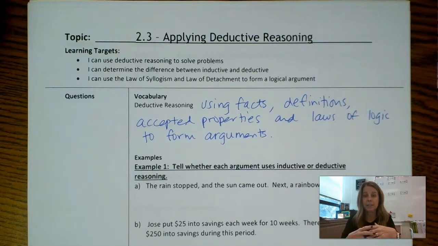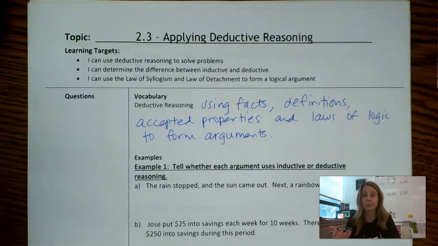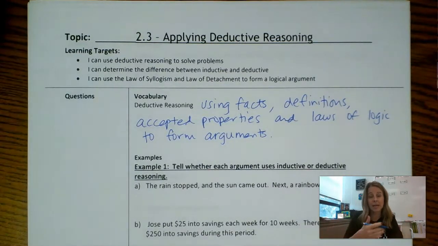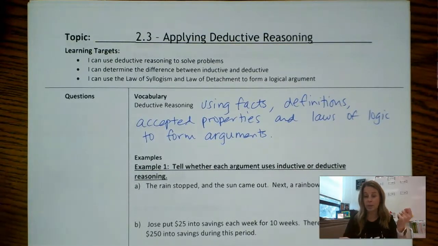We looked to see, did something occur multiple times? And if it did, then we formed our idea based on what we previously had observed. So if you could sum up inductive in one word, I'd say pattern, and deductive, maybe facts or definitions.